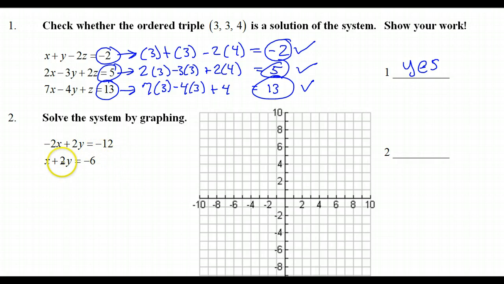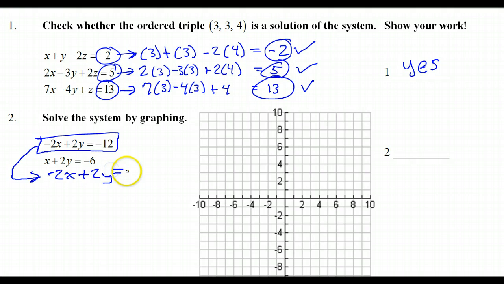Alright, problem number 2. We need to solve this by graphing. So let's start by rewriting this equation, okay, which would look like this. So we have negative 2x plus 2y is equal to negative 12. We need to add 2x to both sides, trying to get y by itself.